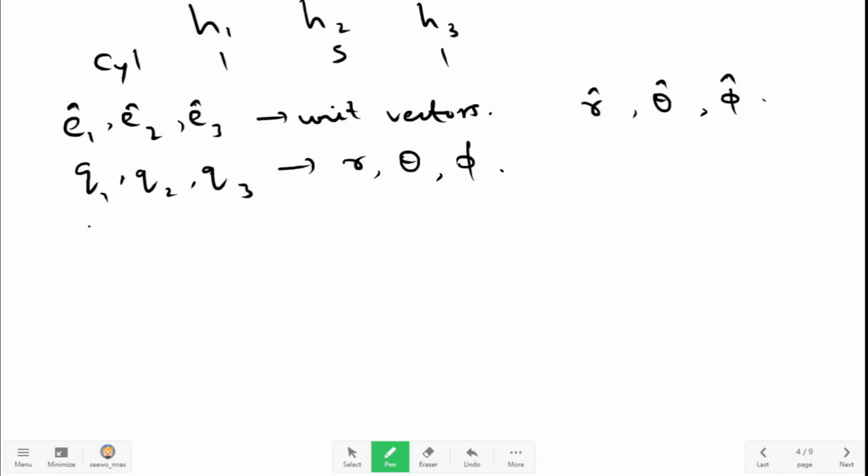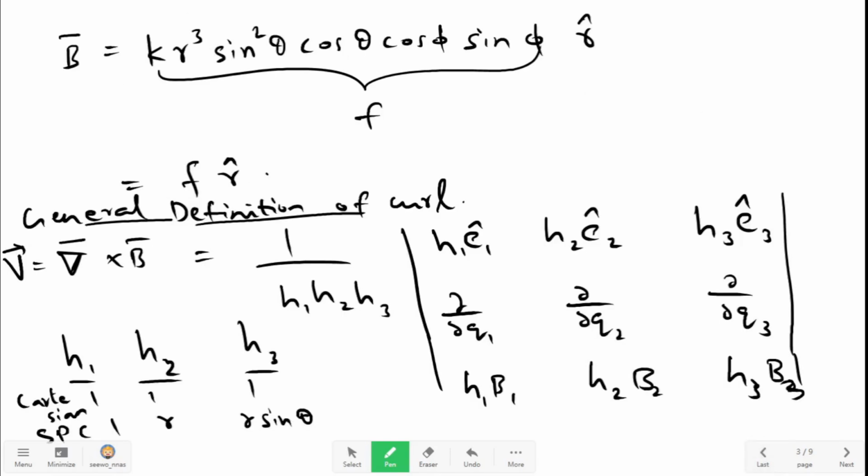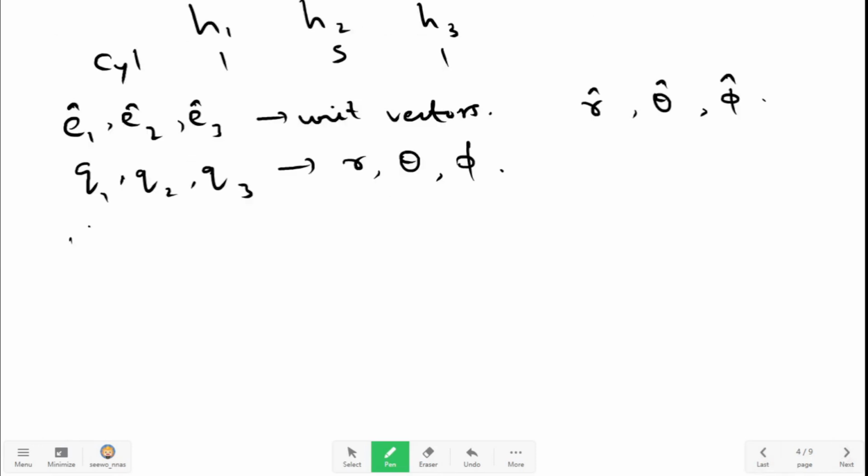And b1, b2, b3 are the components of vector B. b1 is the component of B along r cap.